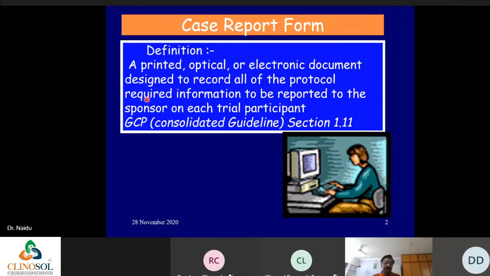This is as per GCP guideline section 1.11. So this is the basic definition of the case record form.